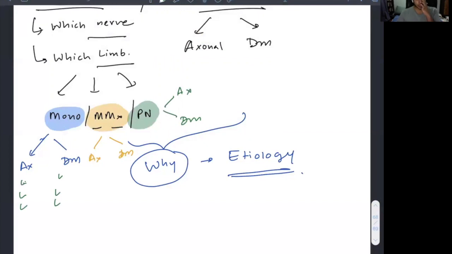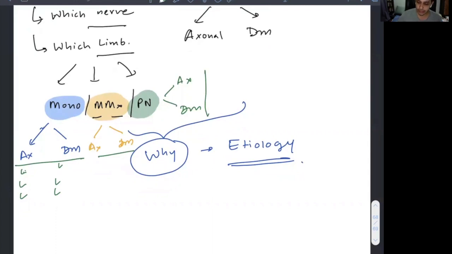Now, I would suggest that you take this chart and you try and fill this table by yourself, because that would give you a reason to open the book, and it will also give you a much clearer idea as to how to progress. So you make 3 columns: mononeuropathy, mononeuritis multiplex, and polyneuropathy.